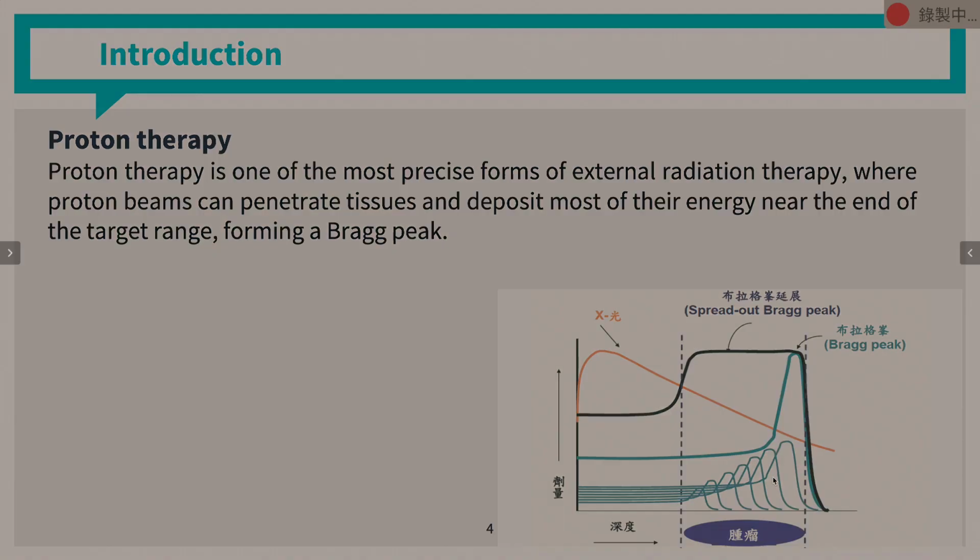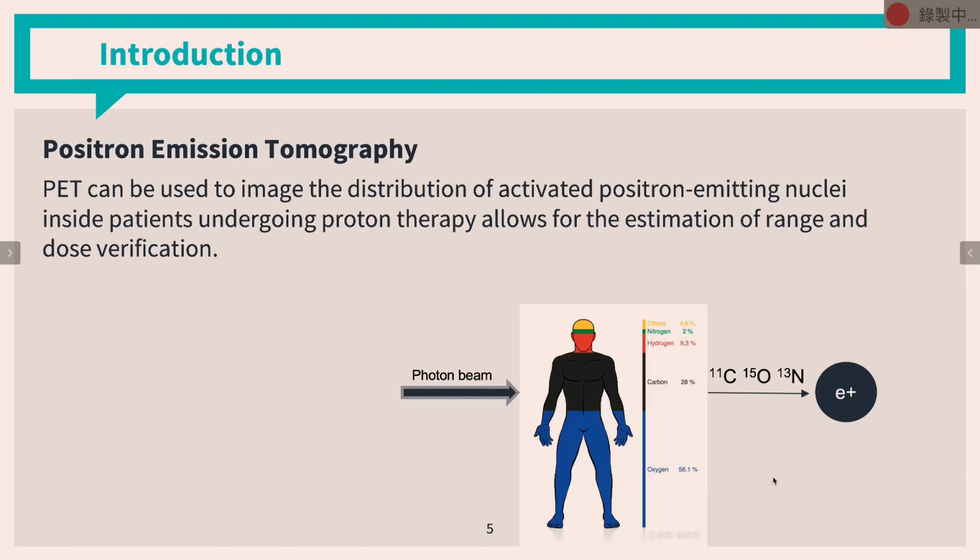Positron emission tomography, or PET, can be used for proton therapy verification because when a proton beam enters the human body, it activates elements such as carbon, nitrogen, and oxygen along the path, producing positron-emitting isotopes. A PET scanner can image the distribution of these activated isotopes within the patient after proton irradiation.